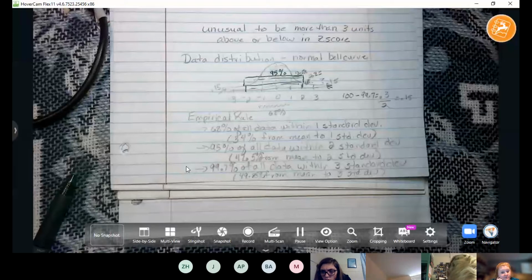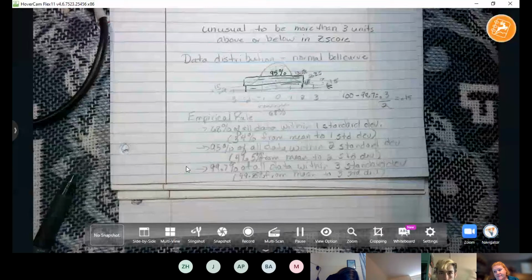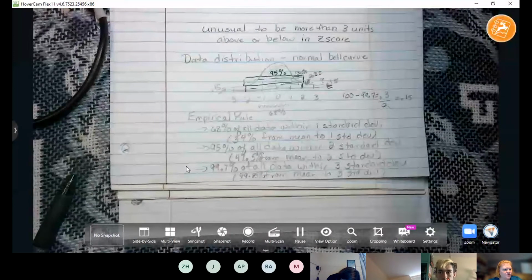All right, you're going to see some problems in your homework dealing with z-scores. You're going to see some problems in your homework dealing with the empirical rule. You're going to have some problems with standard deviation. As far as Thursday, you're going to get another presentation on some more graphs, but you've used graphs before, so I think you will see that mostly as review.